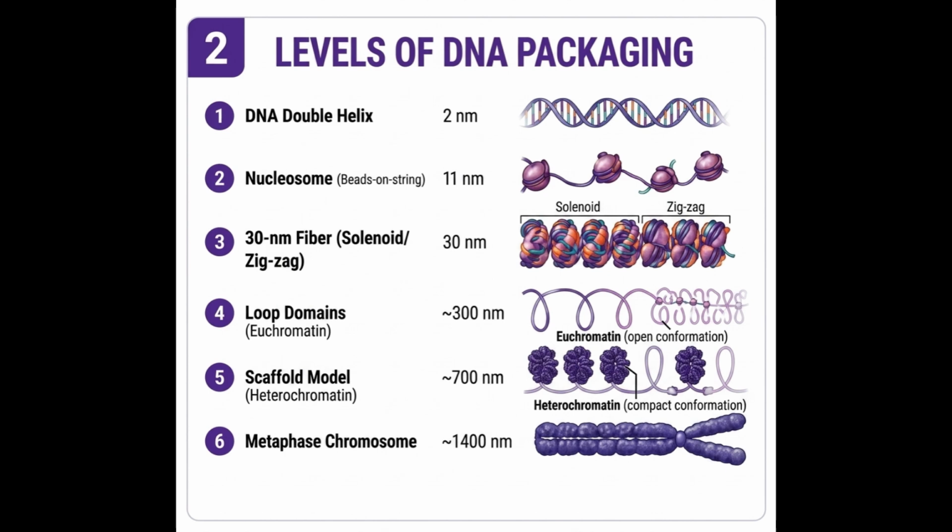The 30 nm fibers organize into loop domains of approximately 300 nm, which attach to scaffold proteins. Further condensation produces the 700 nm chromatid and finally the 1400 nm metaphase chromosome. This progressive packaging ensures efficient organization, protection and segregation of genetic material during cell division.